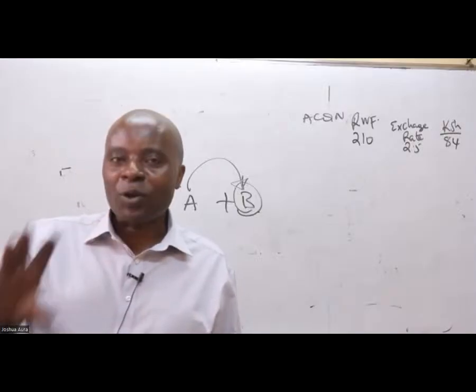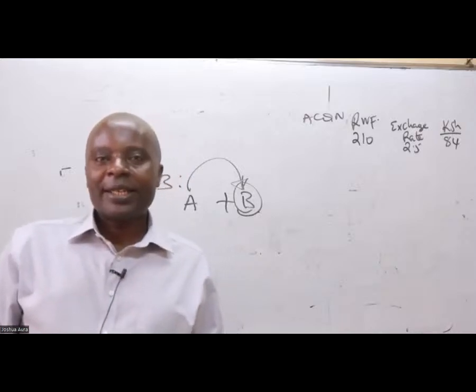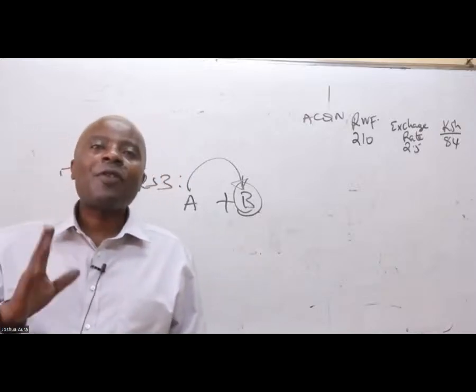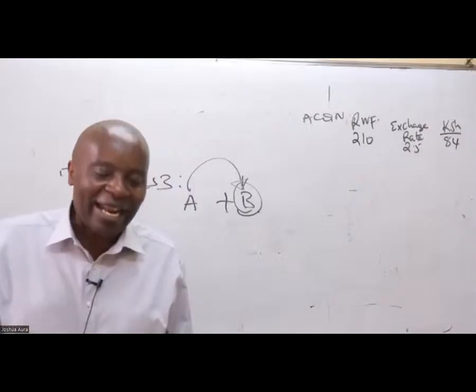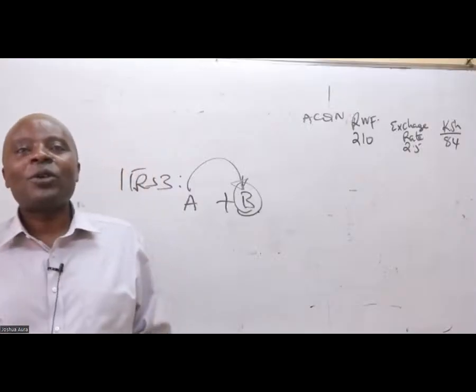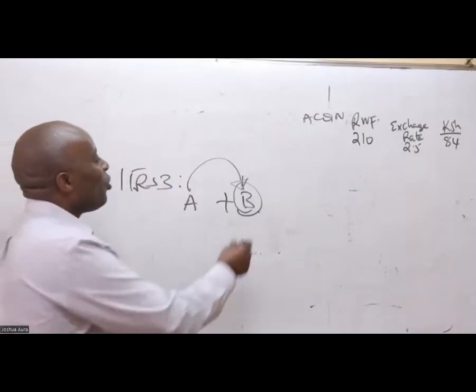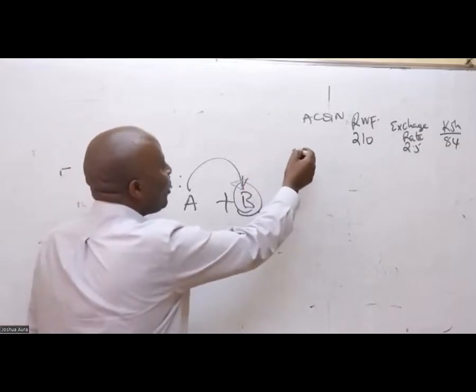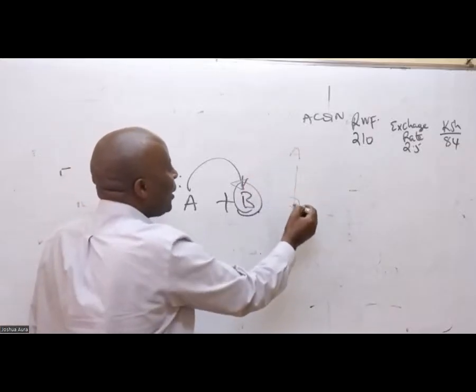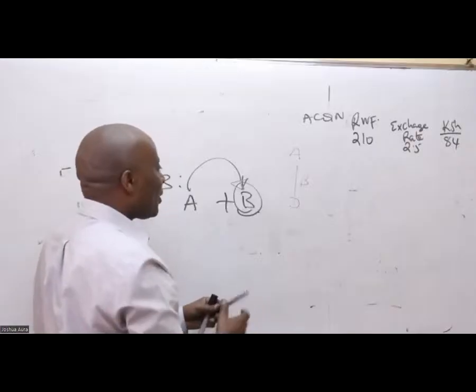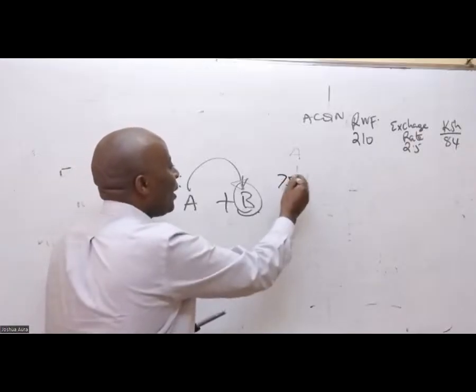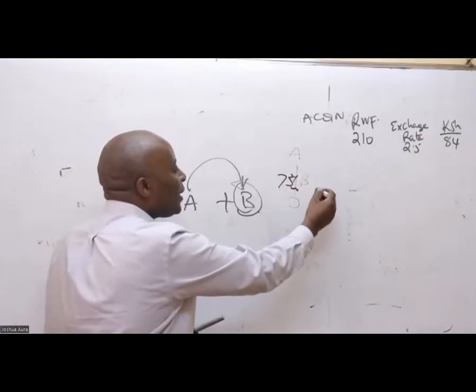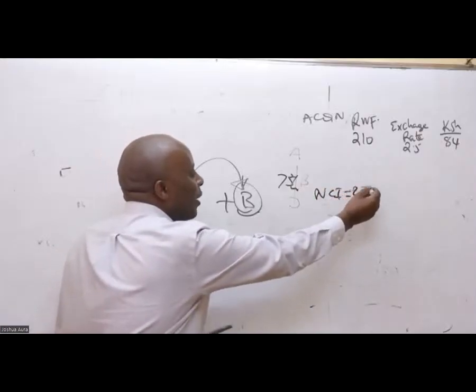Yes, Mary Ann, you can also write this in a format. Always, if I'm the one doing this, I cannot fail, because I'll even come and tell them, for example, if A owns 75% of B, so I'm giving them examples, NCI will be 25%.